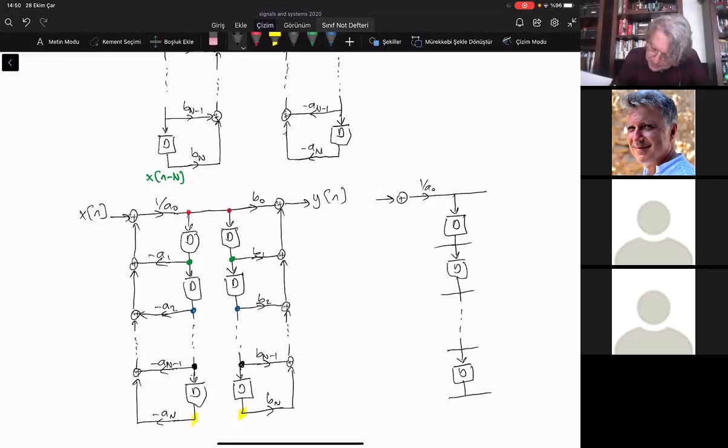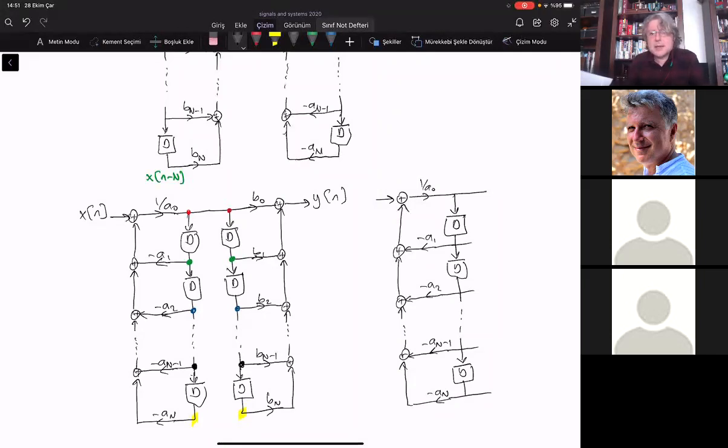To the left, it will be minus A1, minus A2, and so on, all the way down to minus AN minus 1, and finally minus AN, and I will collect them. Oh, that's incorrect, because there are other things in between that I have to collect, like this.